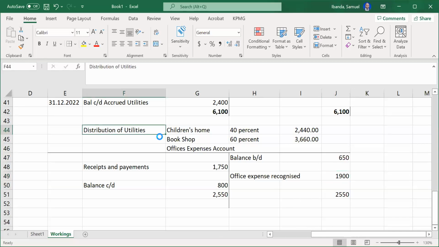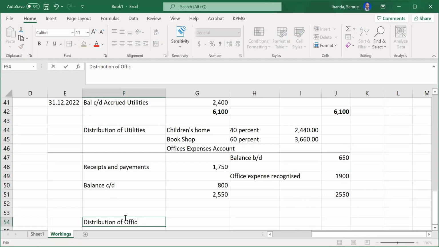Then I also come and do the distribution of office expenses.